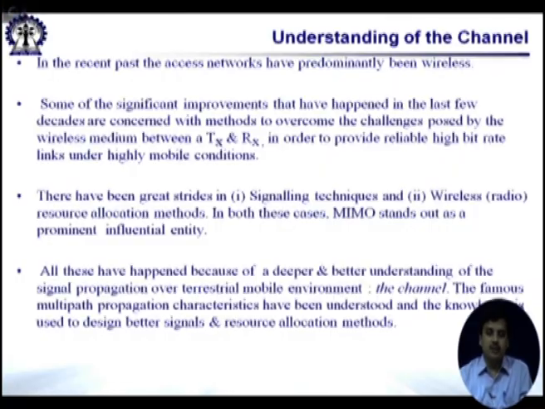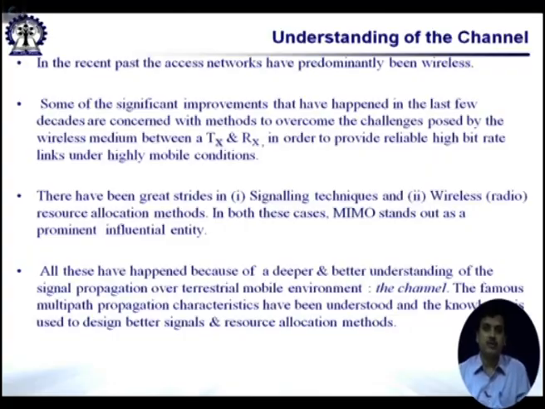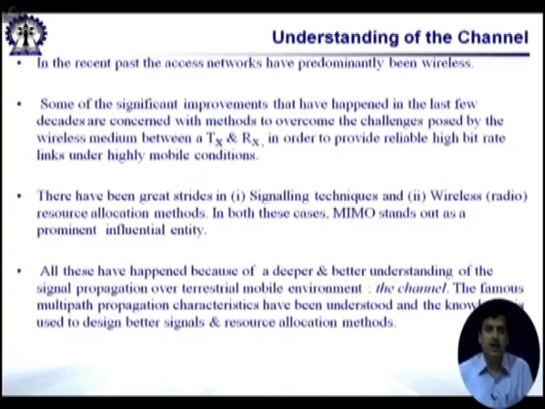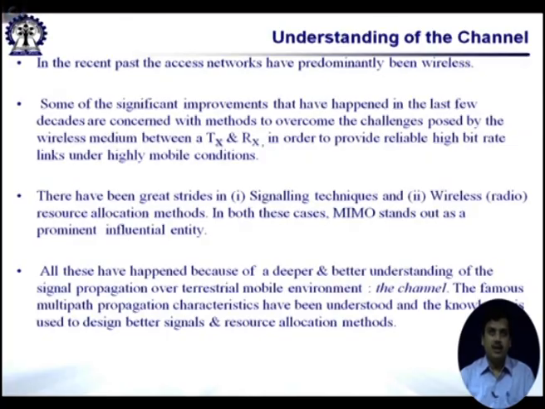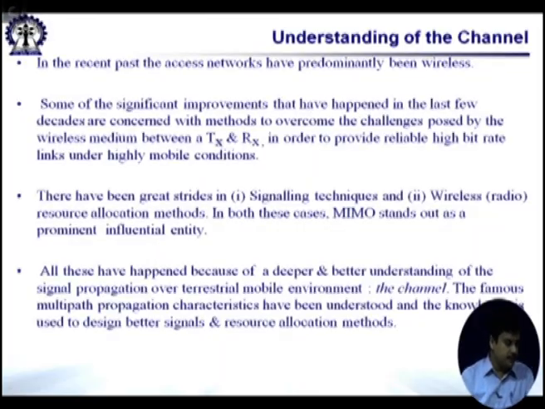The new technologies that you have been hearing about, 3G, 4G, or even what is going to come, 5G, are fundamentally about understanding the wireless channels and designing better and better signaling techniques, as well as resource allocation methods, so that the challenges posed by the channel can be overcome and better service provided. And in all of these, MIMO stands out as a prominent influential entity. We will see how MIMO has been affecting these things.